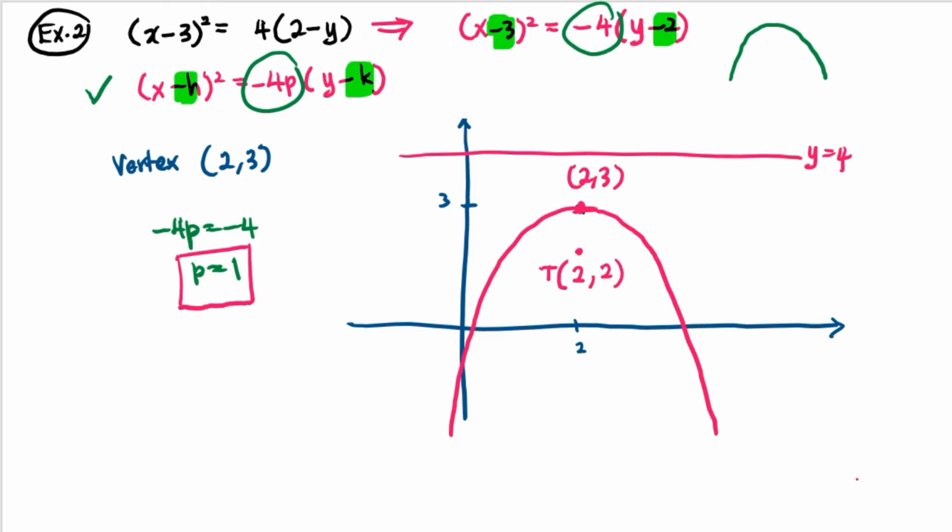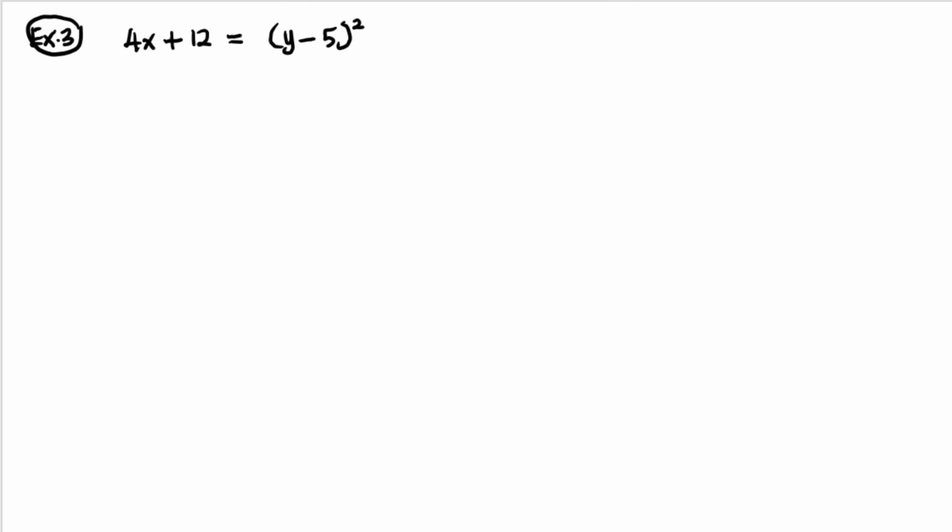Okay, now let's go to this one. Suppose we have this form of parabola. Firstly, we have y minus 5 squared, I write it this way. I factorize 4, I have x plus 3. So this is in the form of y minus k squared equal to 4p times x minus h.